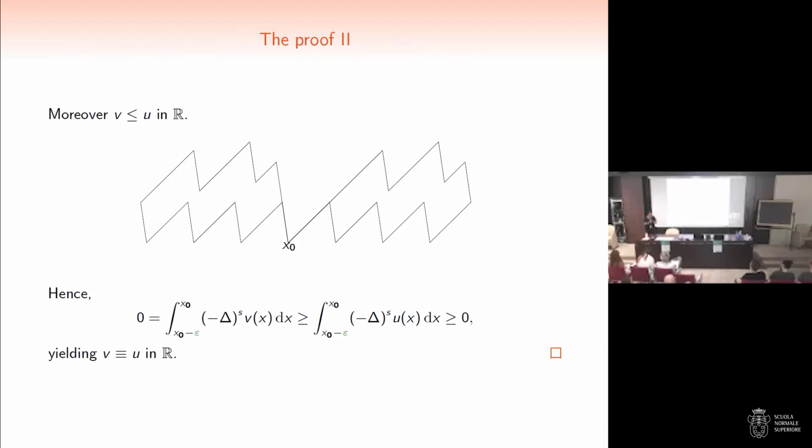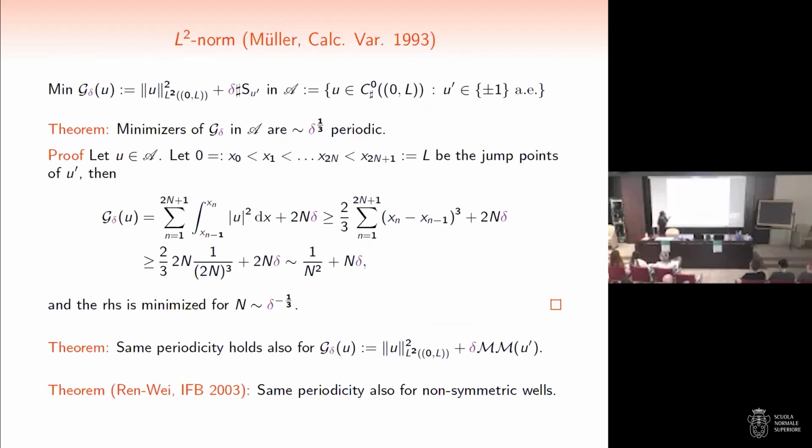And now before going on with our results, let me relate the result I just proved with the standard results on the minimization of norms on the real line that exhibit periodic minimizers. So one of the oldest works in this direction is the paper by Müller.